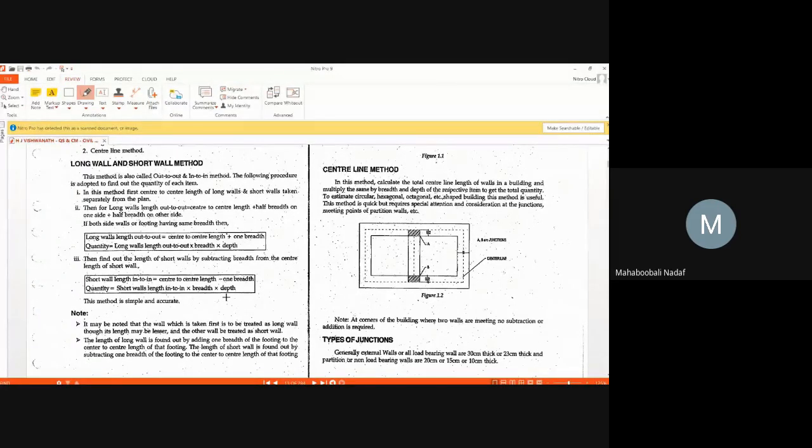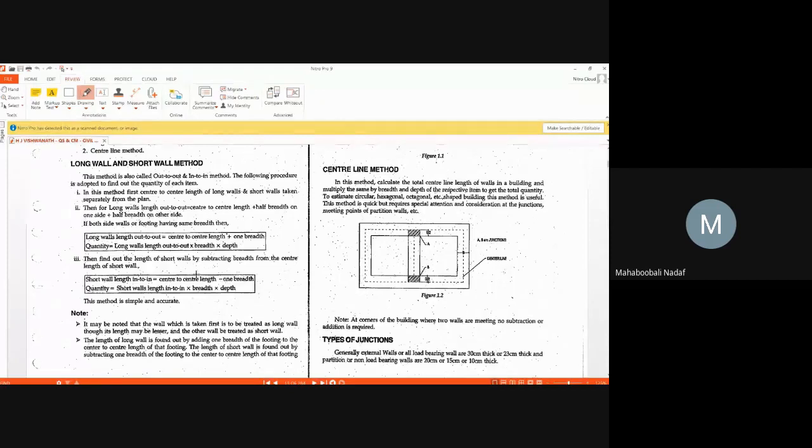Quantity, when you see a volume, how do you get volume? Length into breadth into depth. Apart from that, if there are two numbers, then you have to multiply with two. If there are three numbers, you need to multiply with three.